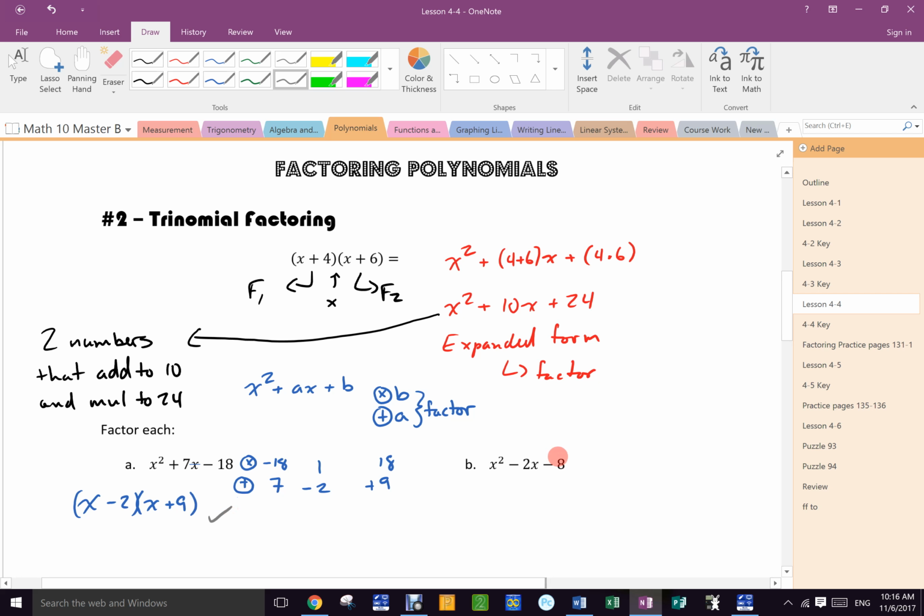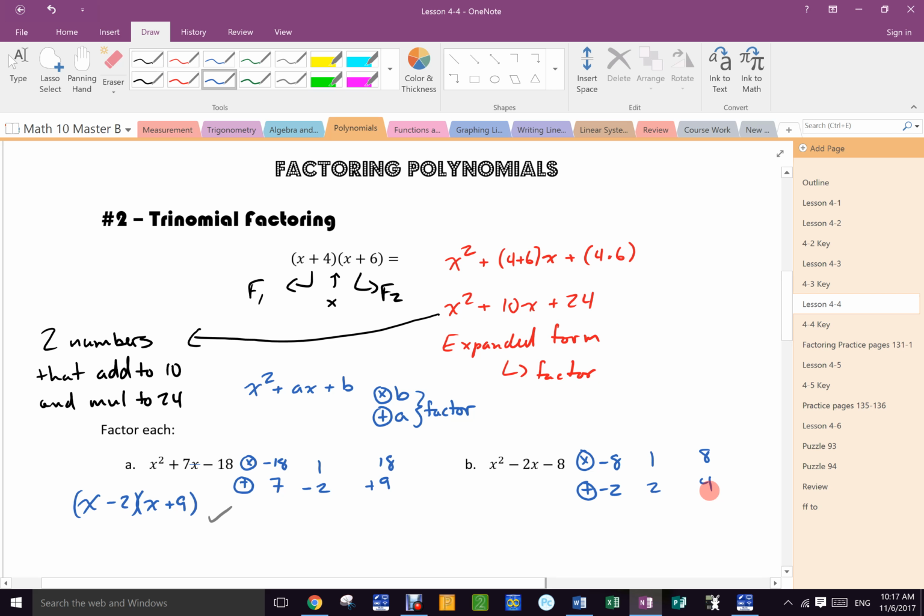So let's look at this one. What do I got to multiply to? Negative 8. What do I got to add to? Negative 2. What are the factors of 8? Is it 1 and 8? Will they get me to 2 in any way? No. Is it 2 and 4? Will they get me to negative 2 in some way?